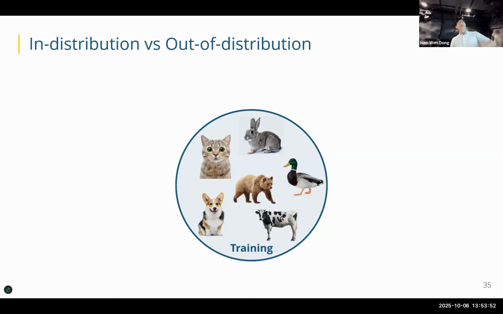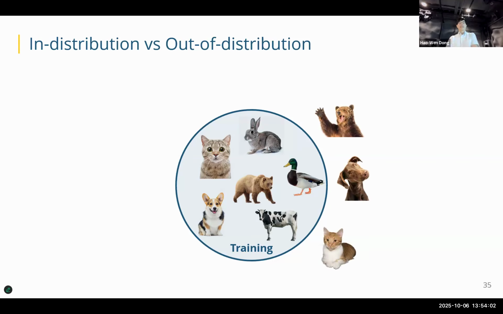So in this case, if you train on these standard, very typical, cliche images of animals, does it actually work on some of these more non-standard images of animals? So does it generalize to, like, a bear waving hands or different kinds of images?